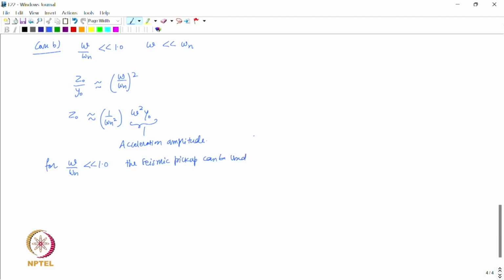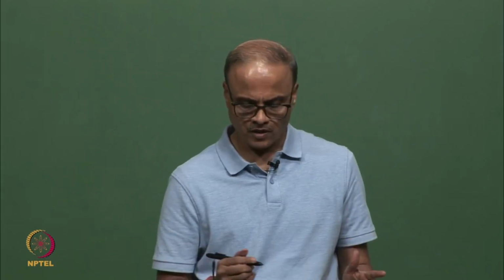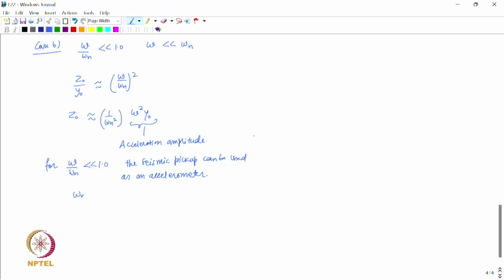And in order to have a sufficiently wide frequency range, the omega n of the seismic pickup should be very large compared to the upper limit of the frequency range.